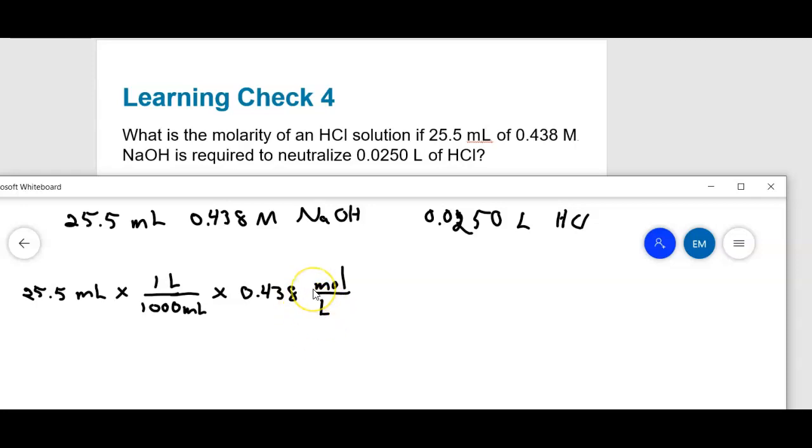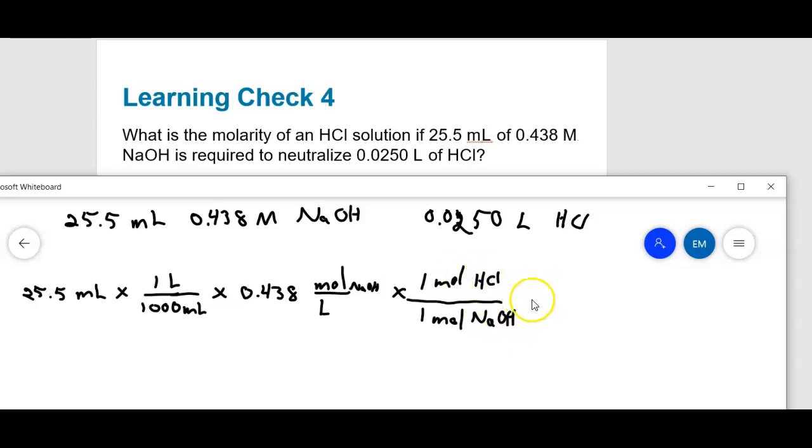Remember, that's what that capital M means, moles per liter. And this is moles of NaOH. And it's the same basic reaction. So you have 1 mole of HCl per 1 mole of NaOH.